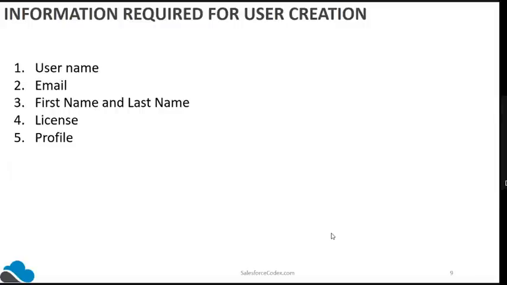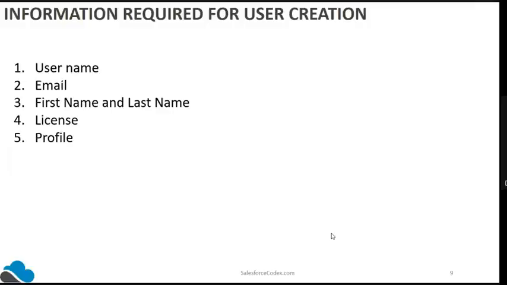Then what are the things required? What are the important points which we require for user creation? These are the 5 important points which we have to set up while creating a new user. Username, which is very important, because based on that only you will be able to log in to the system. Email is required because after user creation, whenever you want to change the password or anything else, you have to go with the email concept.